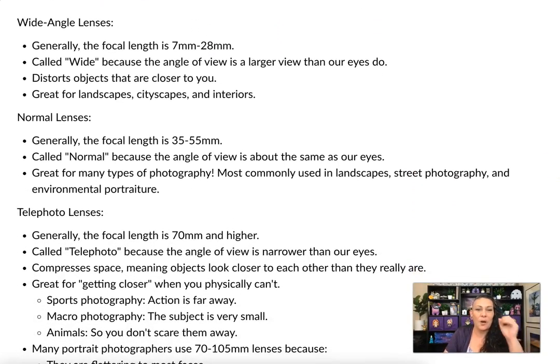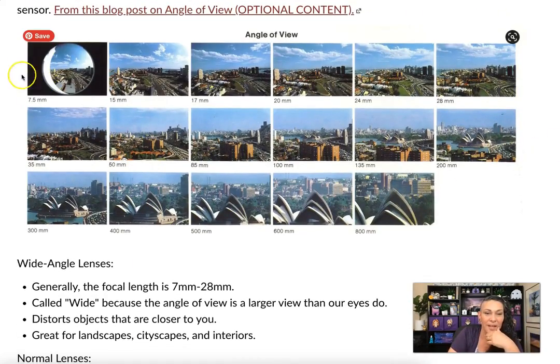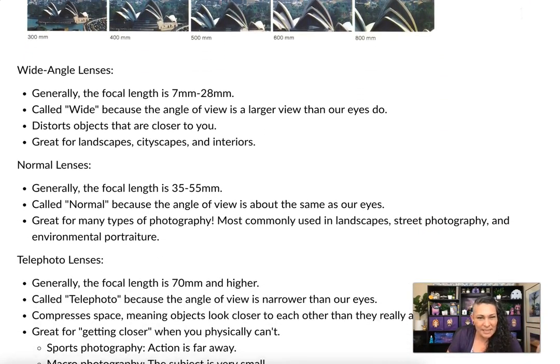All right, so let's talk about wide angle lenses. Wide angle lenses generally have a focal length of around 7 millimeters to 28 millimeters. 7.5 is the widest one in this example, and that's around what I've seen to be the widest.